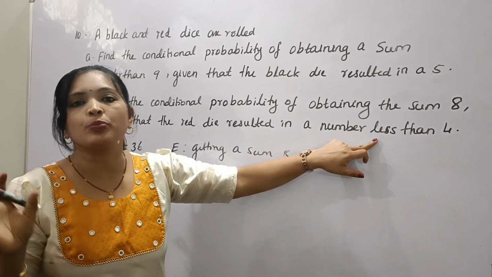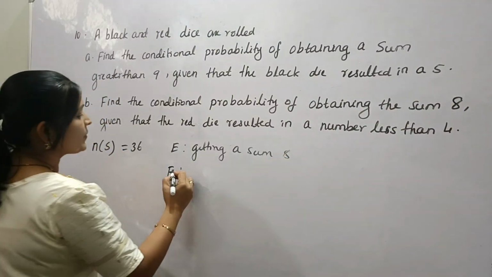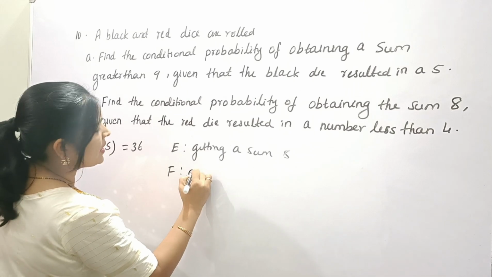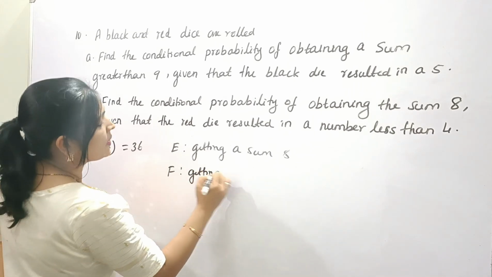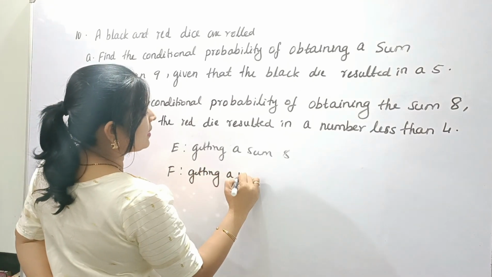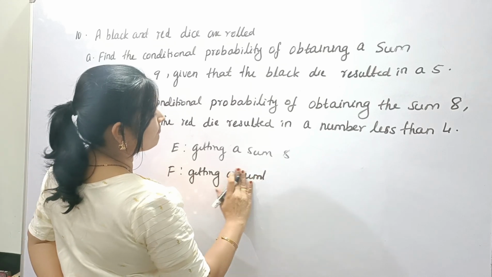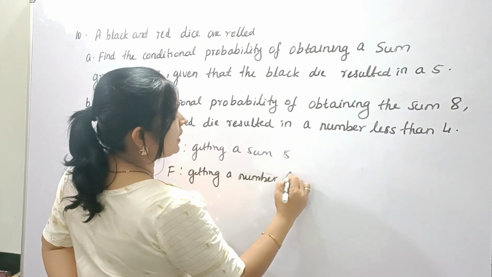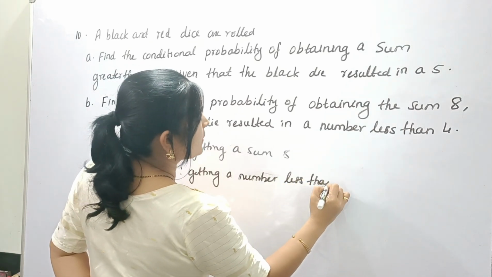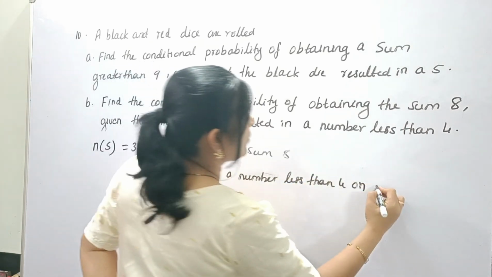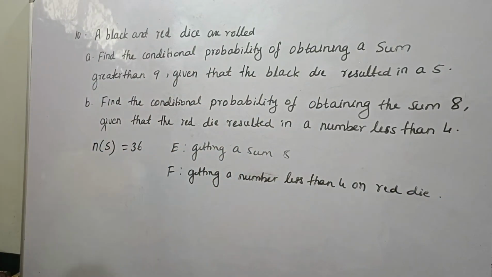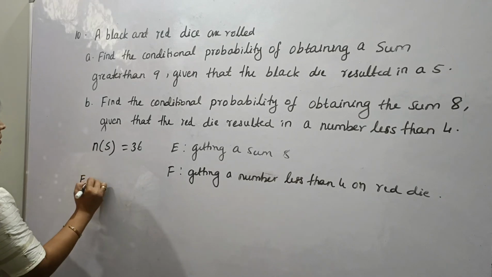Let F be the event of getting a number less than 4 on the red die. Now let's write the possible outcomes of E and F.